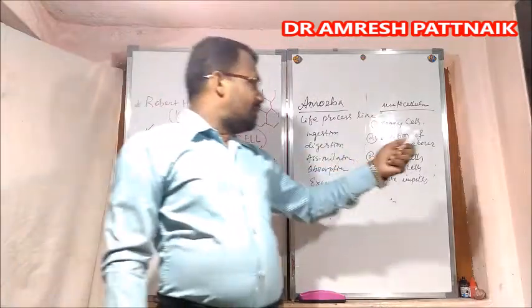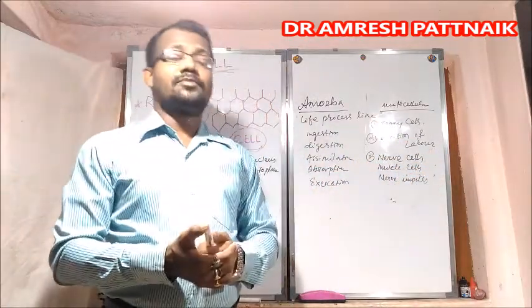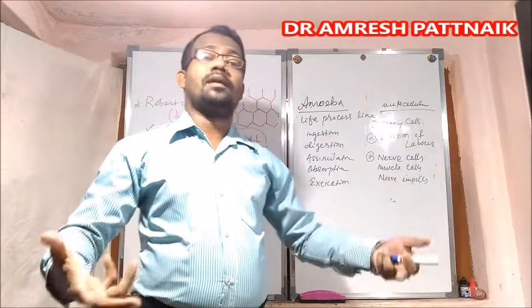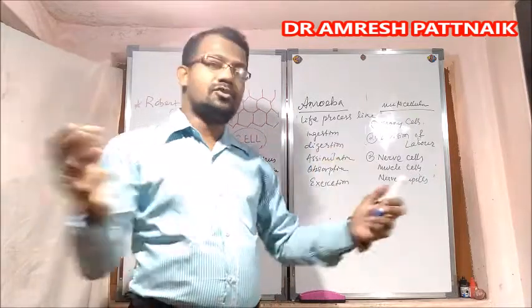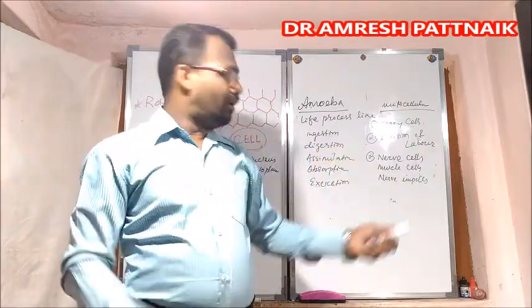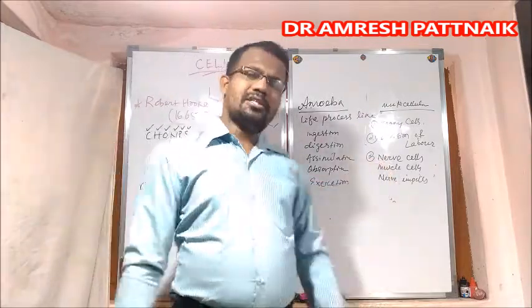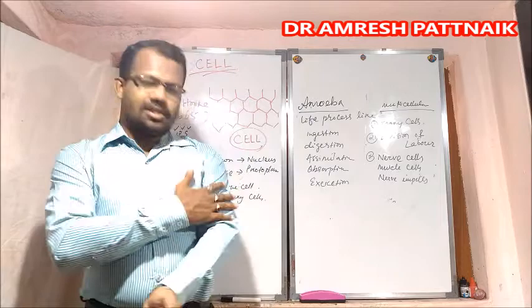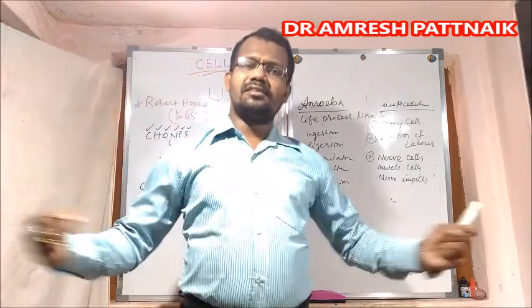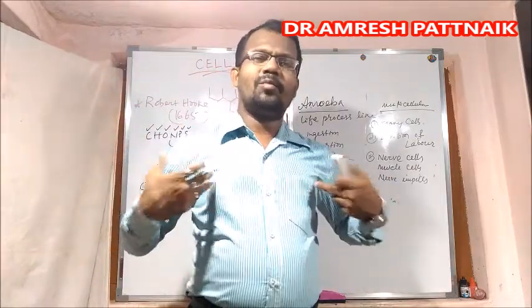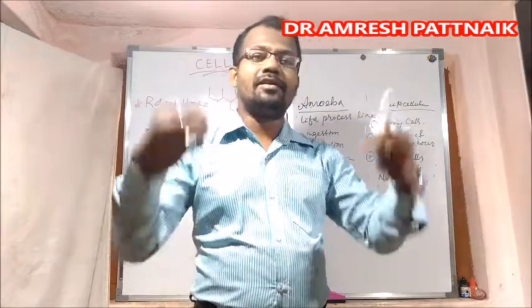So what is that nerve cell maintaining? It's maintaining the brain and the whole part of the body. Control and coordination is totally maintained. As you can say, the nerve cell of the neuron is the unit of the nervous system. Then we say the muscle cells. If the muscle cells are not there, then the contraction and relaxation will not be there, and then the movement of our body will also not be there.